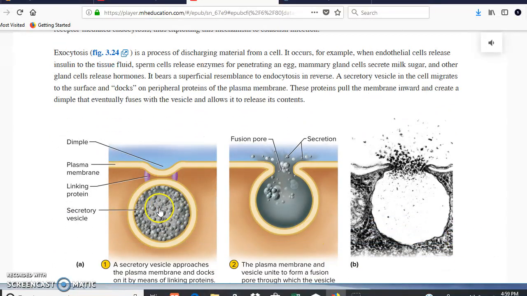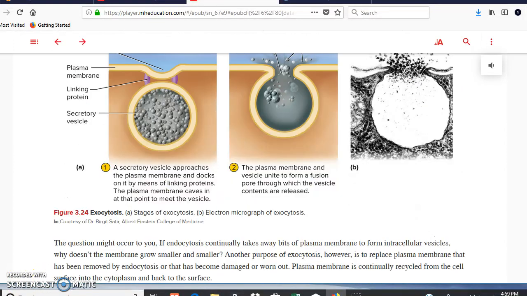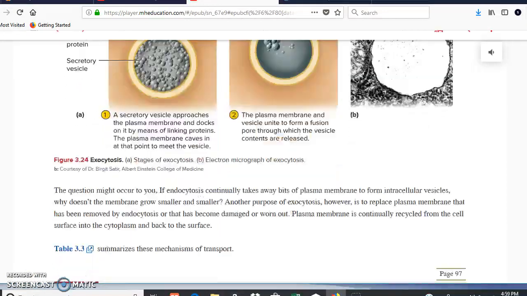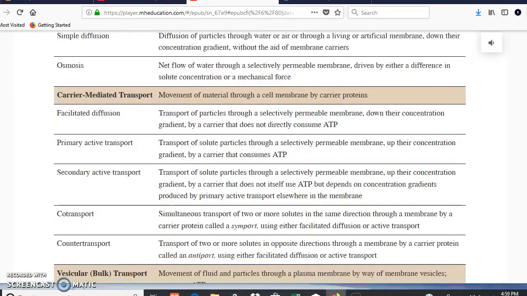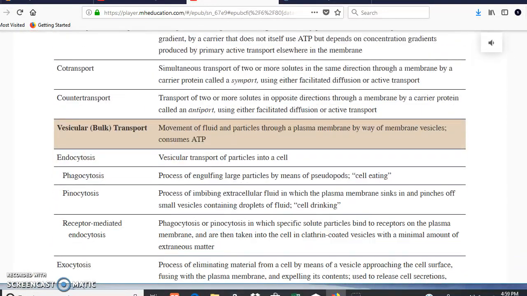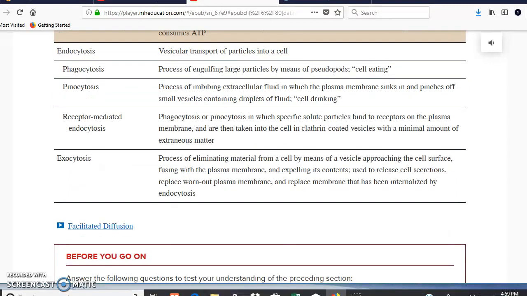We said this is the vesicle. The vesicle gets in contact with the cell membrane, and the contents get released to the outside. That's obviously exocytosis. If we keep scrolling down, we're going to see a table showing you all the different types of transportation that we have mentioned so far in this chapter, and that's about it.